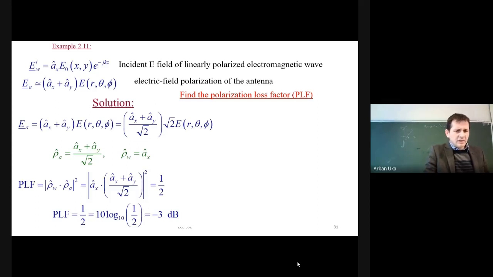Okay, and if we do that, as we can see in the solution part, we first have to calculate the unit vector, which denotes the polarization of the antenna.